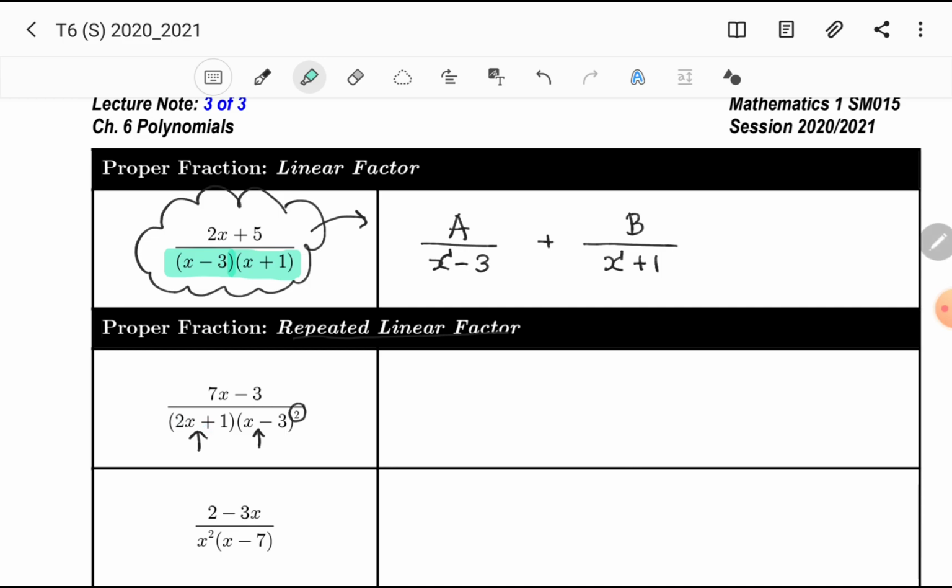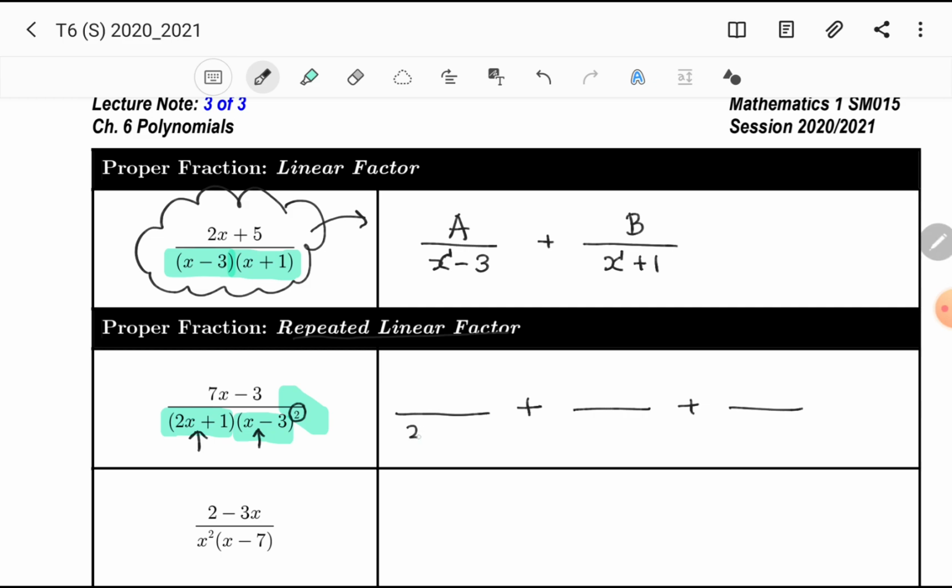Okay, kita kira 1, 2 dan kuasa 2. So, kita akan pecah dia kepada 3 small fractions. Sebab denominator kita ada 3 factors. And with 2 repeated factors lah.